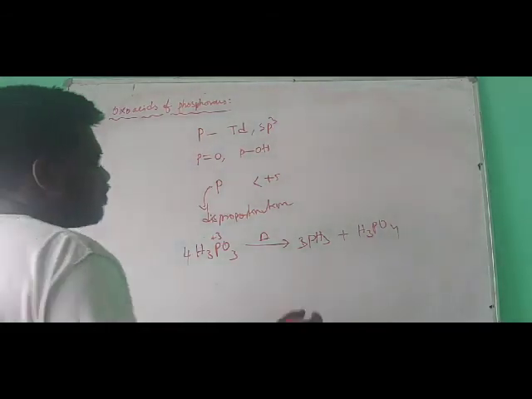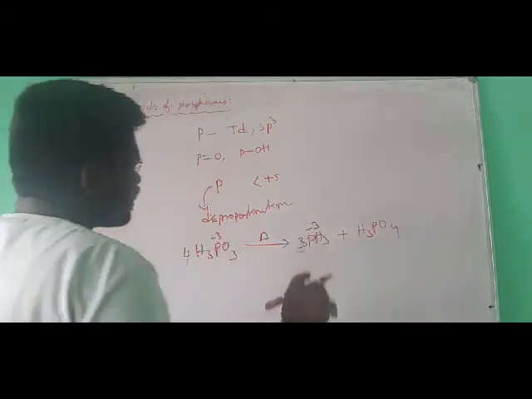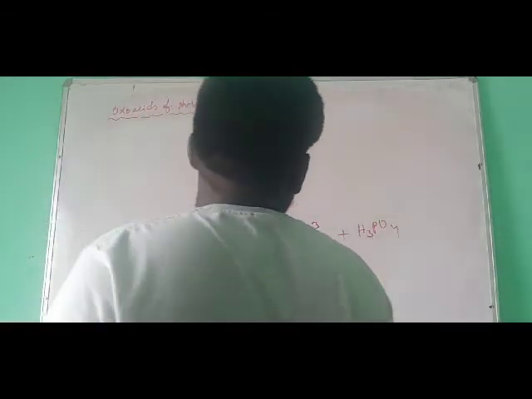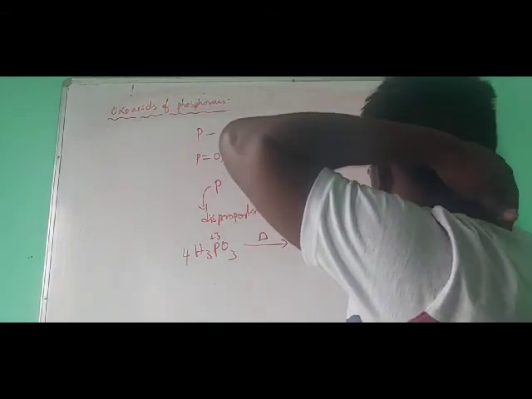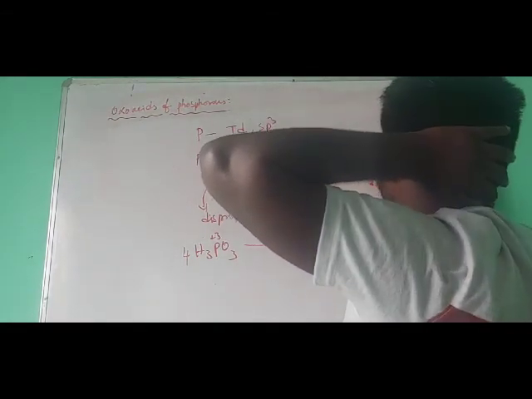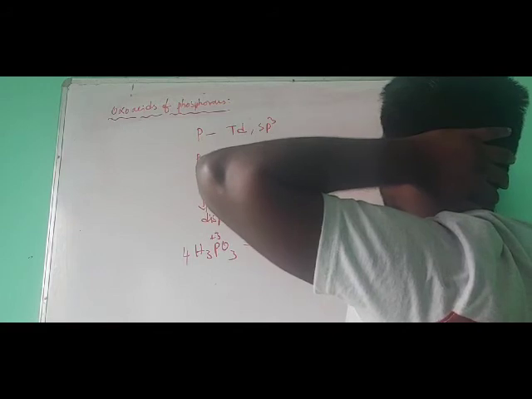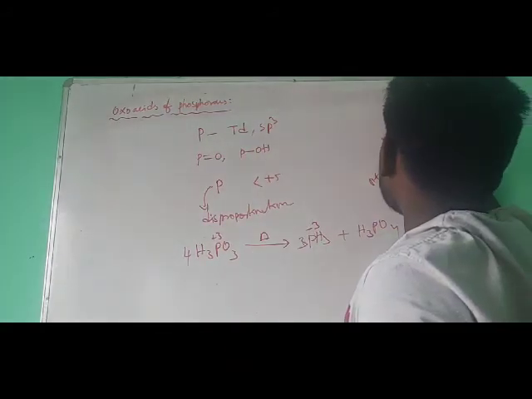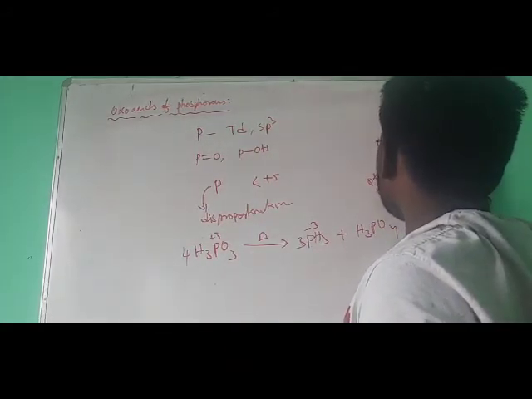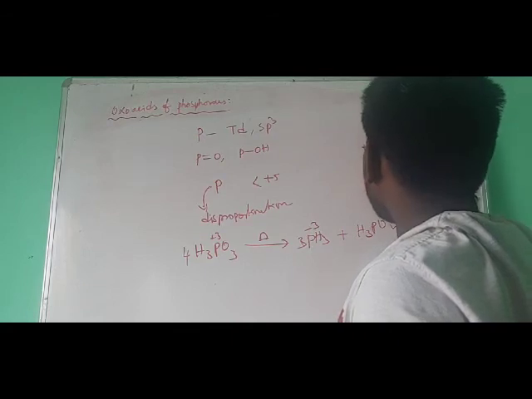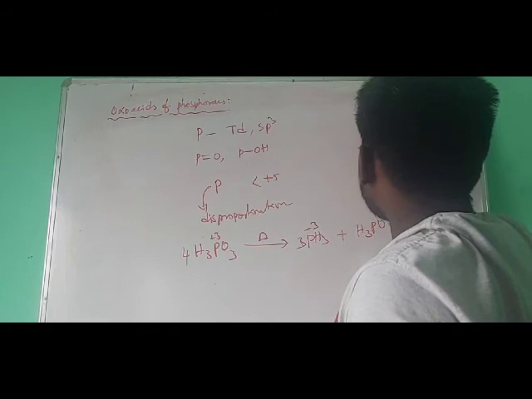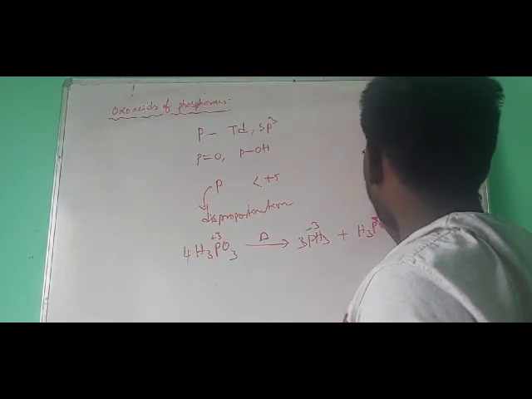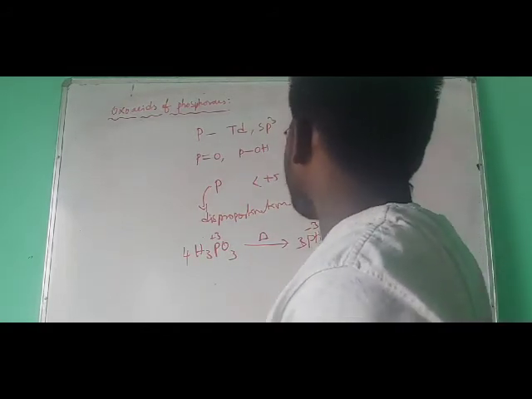In the PH3 molecule, phosphorus has -3 oxidation state, and in the H3PO4 molecule, let me calculate the oxidation state here: 1 phosphorus, 3 hydrogens and 4 oxygens present. Overall charge is 0. Hydrogen has +1 oxidation state, so +3, and here you get -8. So guys, here we have +5 oxidation state.